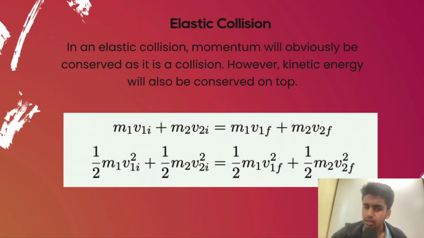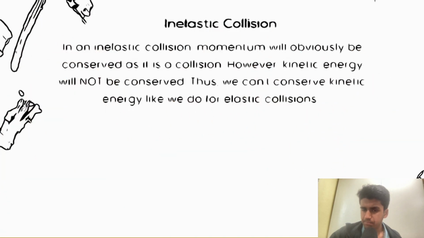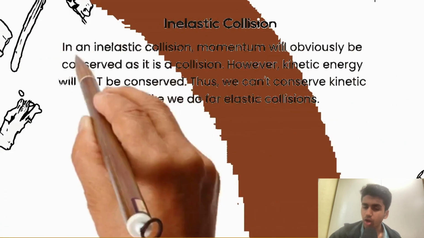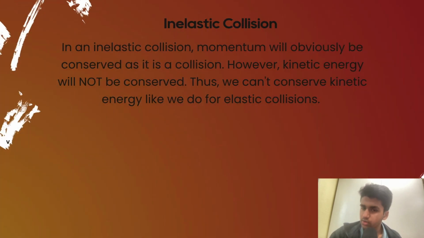In an elastic collision, momentum will be conserved, and kinetic energy will also be conserved. So not only do we have the equation for conservation of momentum, but we can also write an equation to conserve kinetic energy if needed. But for an inelastic collision, kinetic energy is not conserved, but momentum will still be conserved.